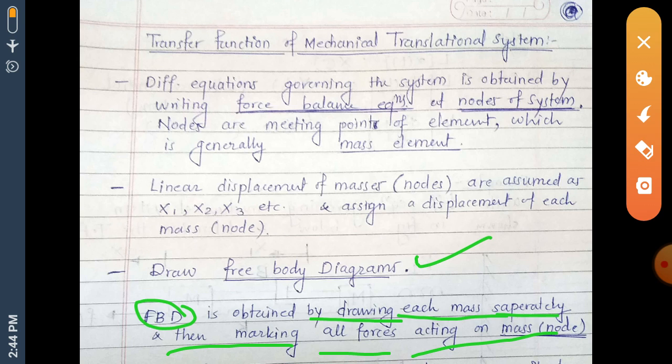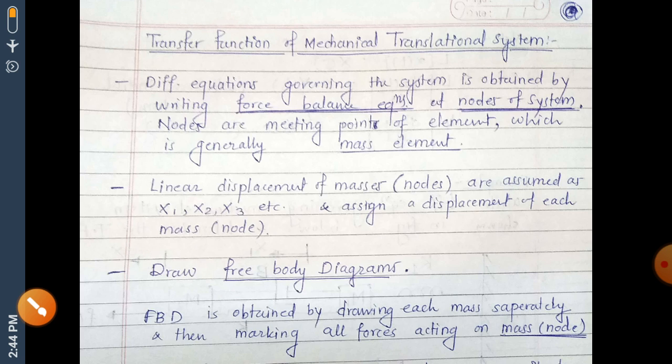Individually we have to consider the free body diagram of each mass element, and that mass element will be represented by the forces acting on it. The acting forces will be of two types: first the applied force, and second the opposing forces. Because of the applied force, the opposing forces will also be indicated in that free body diagram.